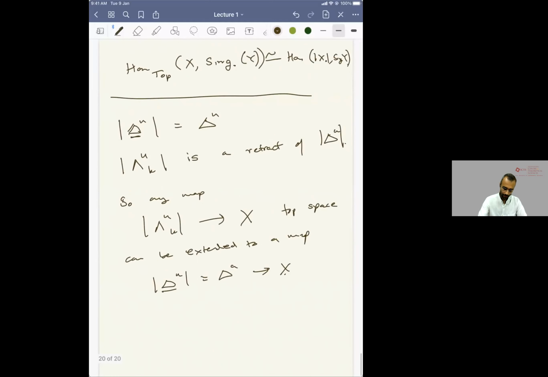So what's the upshot? What we have essentially proven, so the theorem then is that, maybe I should go to the next slide actually. Okay, let me make a definition here and then go to the next slide.